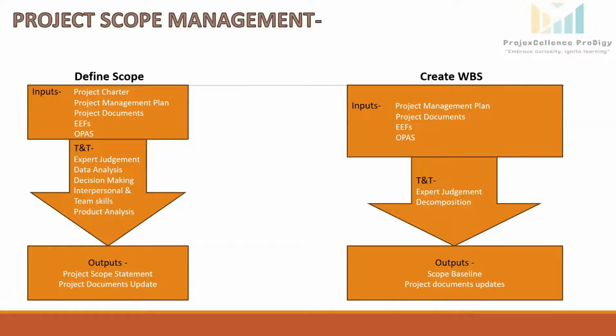Components of scope baseline are project scope statement, WBS, WBS dictionary, work package and planning package. Project document updates are assumption log and requirement documentation, which may need to be updated as a result of carrying out this process.